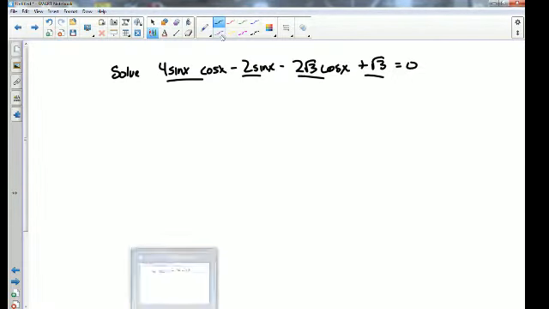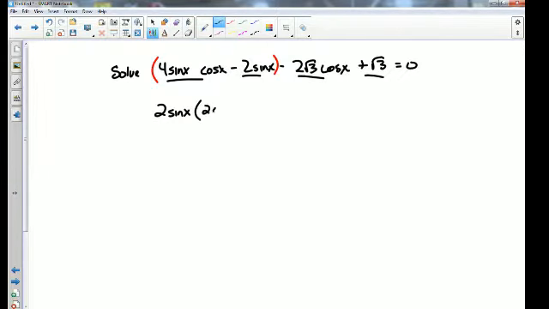So we're probably going to work with grouping. This group here is factored with what? 2 sine x. What's left? 2 cosine x minus 1. Then we have this group here.